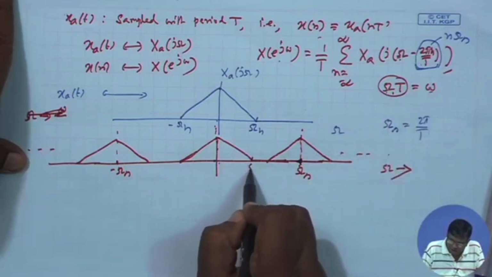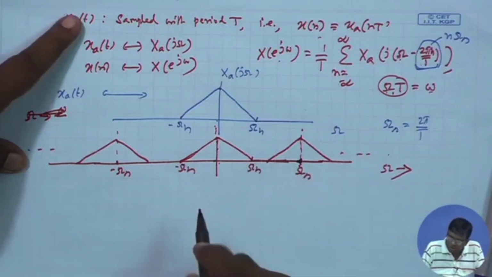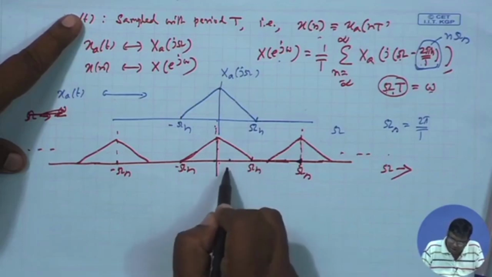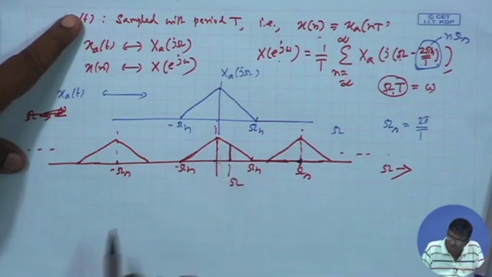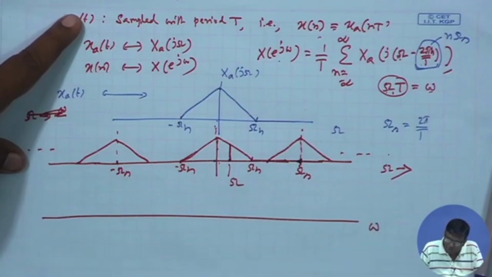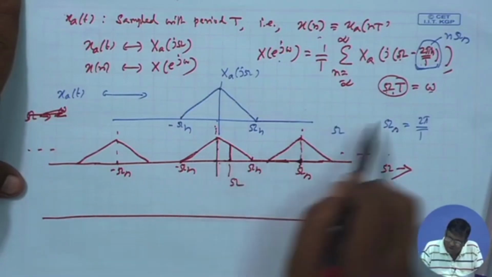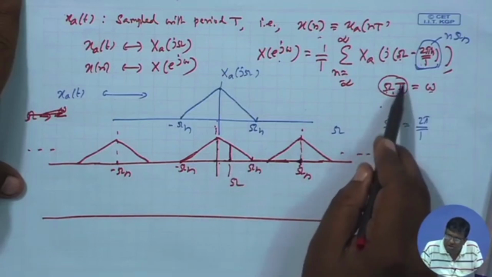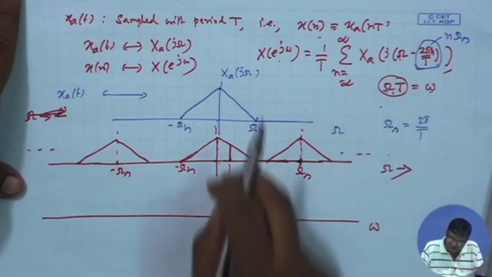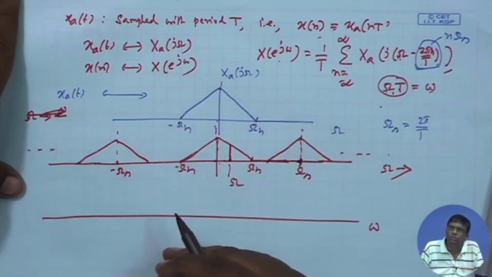So, at any capital omega, if it has so much of value, the same value, if I am plotting versus small omega, will go to small omega equal to capital omega into capital T, radian per second into second. So, second cancels, that much radian you find out, and the same value will move there. That is how one plot will be converted into another plot.